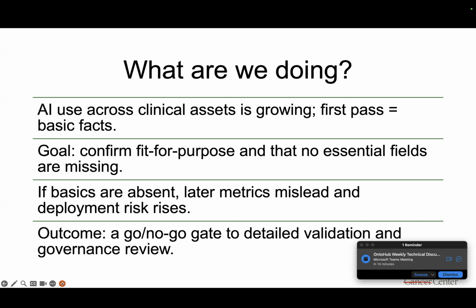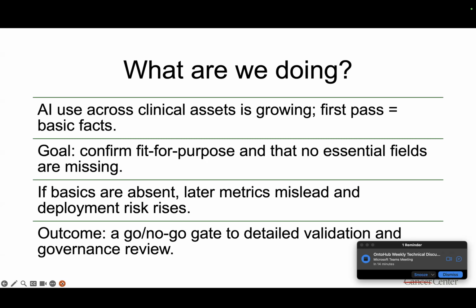So the first main problem is that AI is not a problem, it's a fact. AI models are used more and more in the clinical setting, and as you know, they have a very direct impact on patients. So you have to be sure that any AI model fits its purpose and that no essential fields are missing.